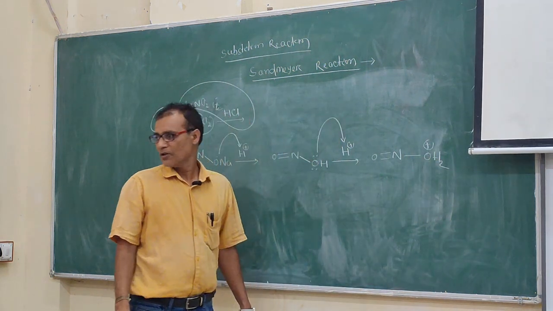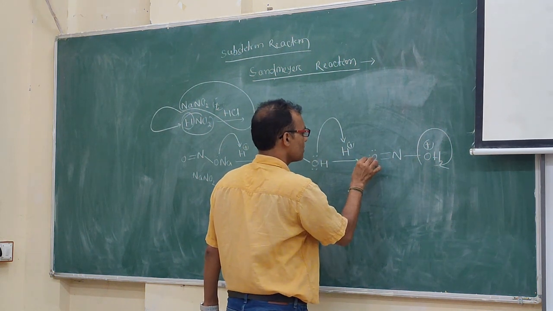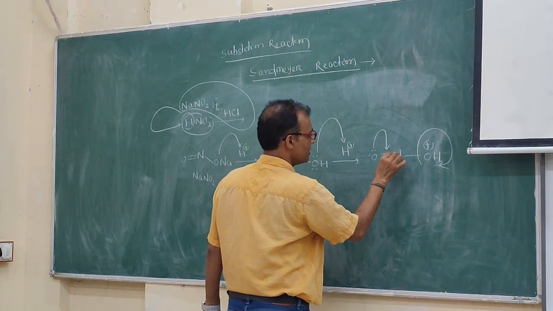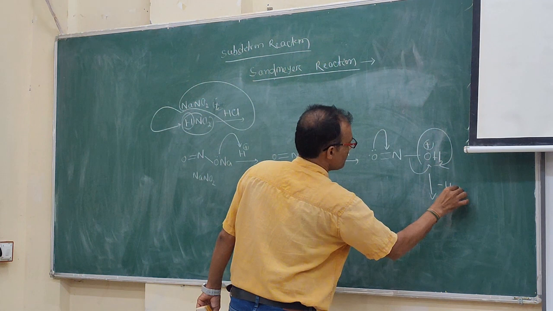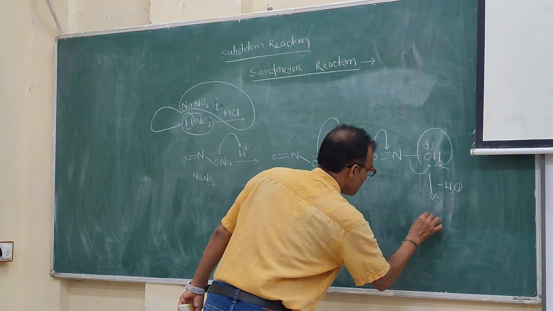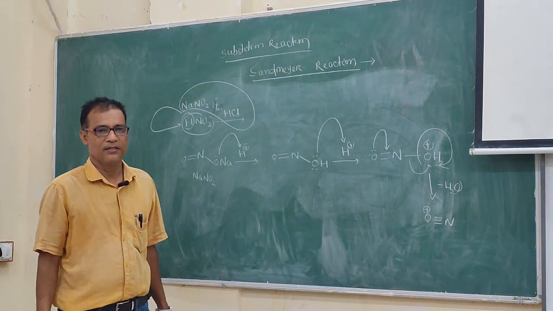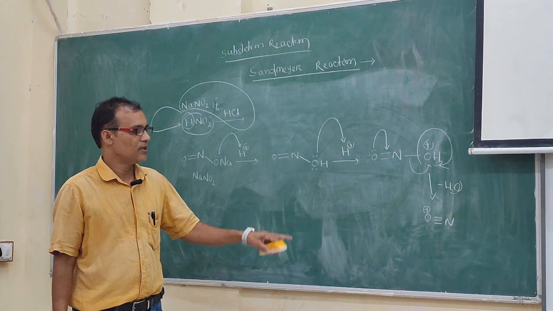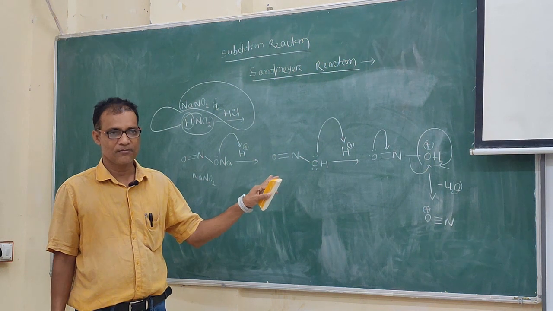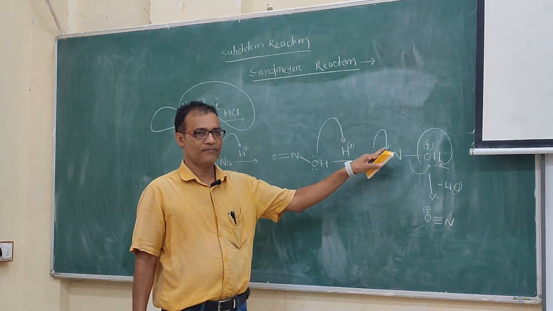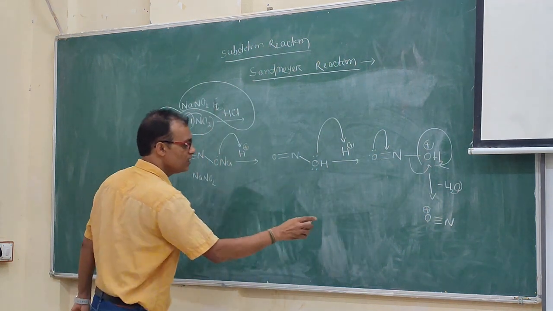Now this water is a very good leaving group. The lone pair on the oxygen pushes and water goes out, so you will get loss of water. You will get NO plus. Normally you might think the plus should be on nitrogen. That is wrong. It will be on the other side. This is very important, as it reacts with your aniline.